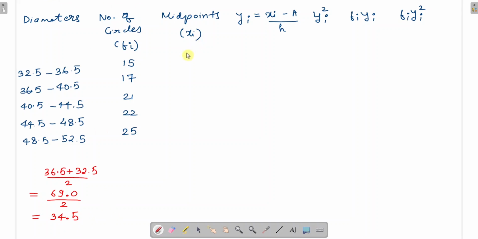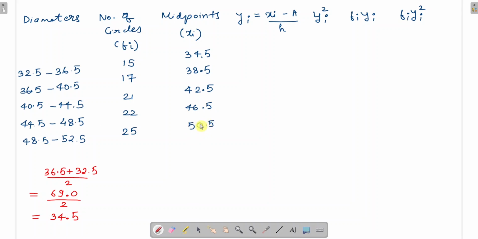So this will be 34.5, and here the midpoint will be 38.5, and here it will be 42.5, here it will be 46.5, and here it will be 50.5.